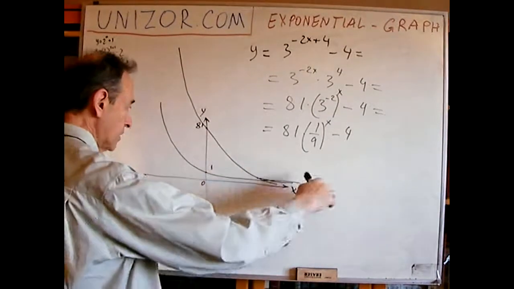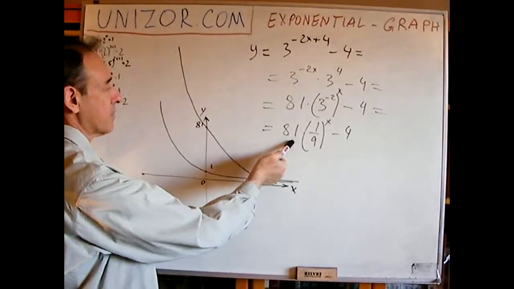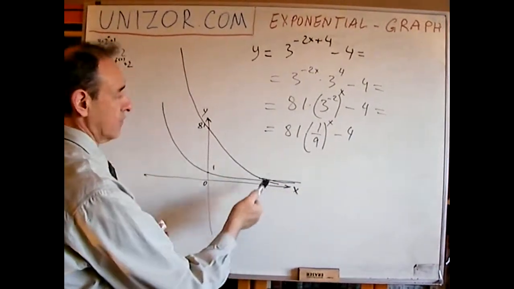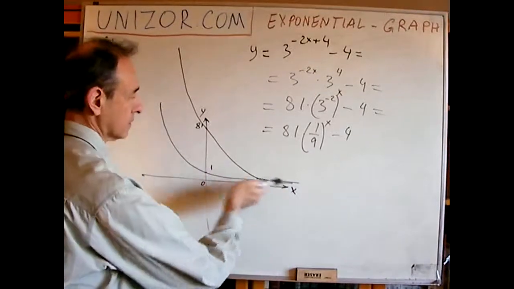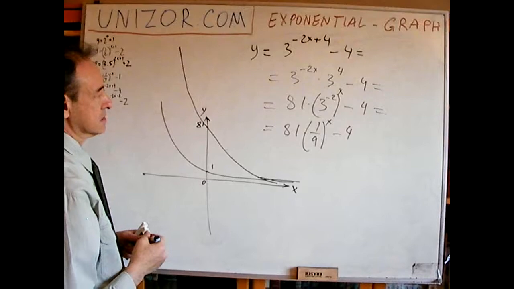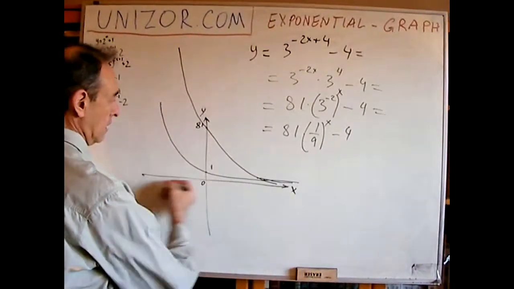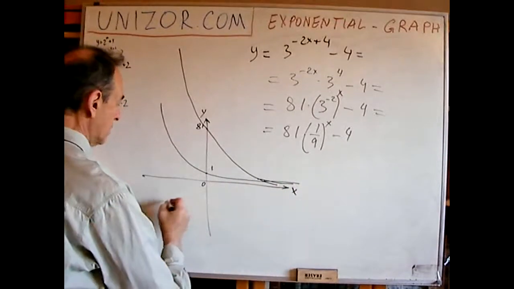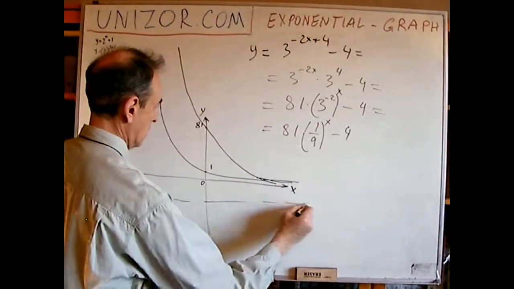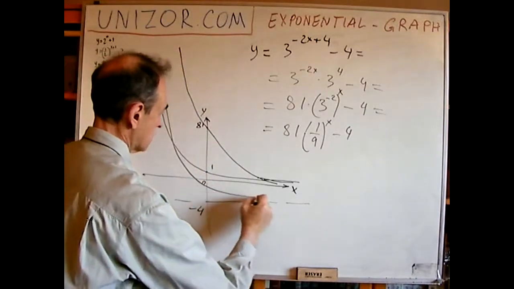But it will still be approaching 0, because even if you multiply by 81, small value remains still small and increasingly closer to the x-axis. And now I have to shift it by 4, which means my asymptotic line would be here, -4, and everything else is the same, basically.